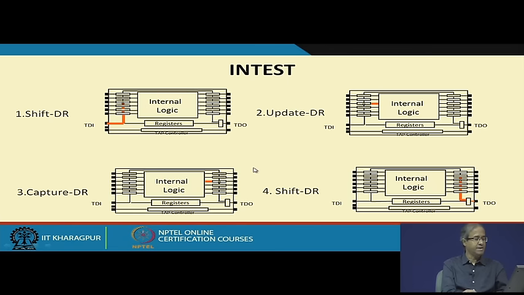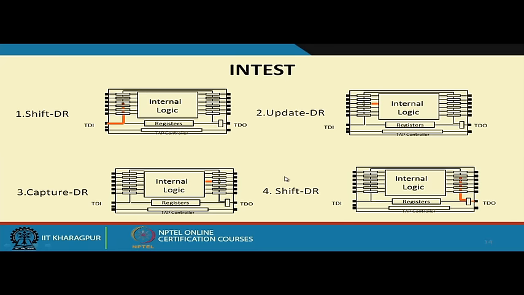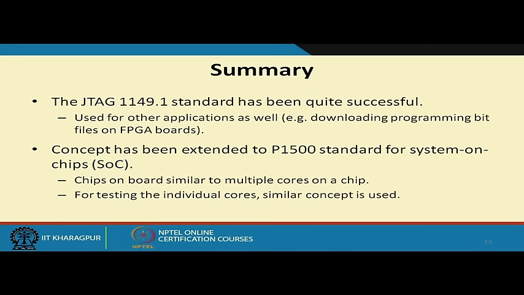You see that using all these test modes you are able to get some kind of a board level infrastructure where you can test the individual chips on the board, and you can even test the interconnections between the chips.